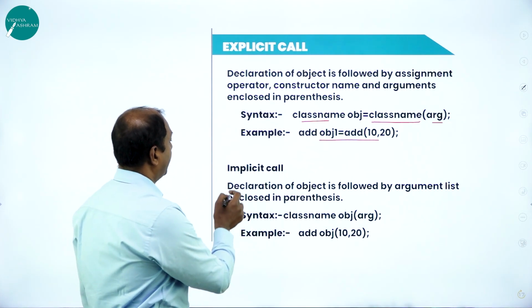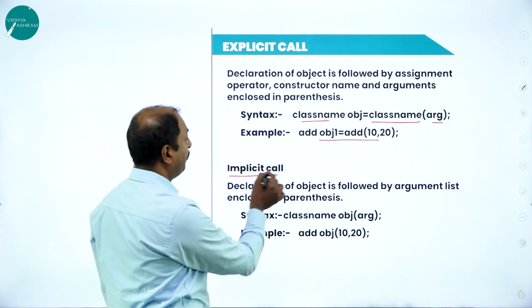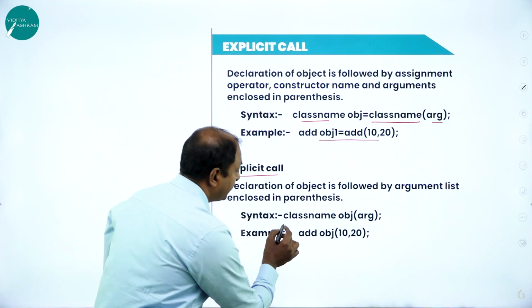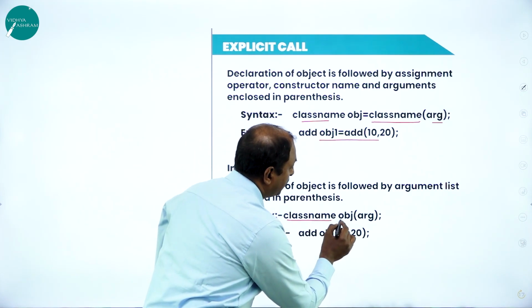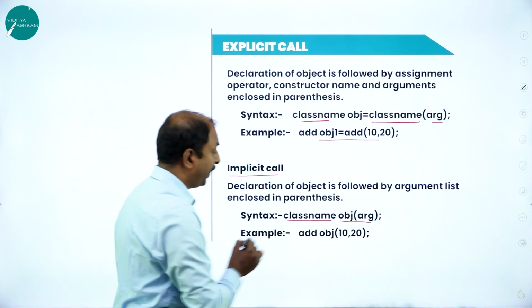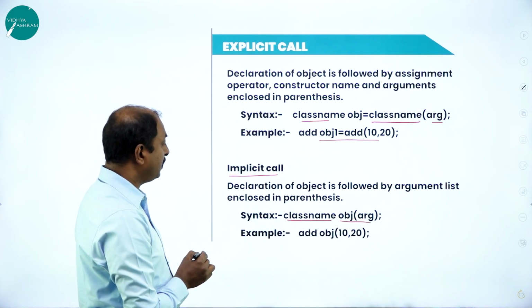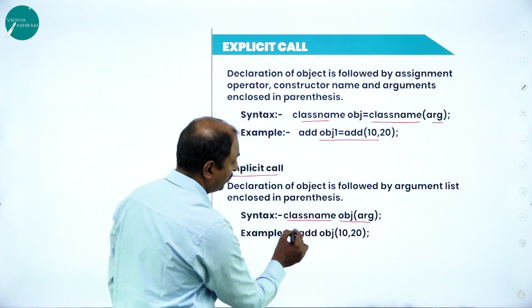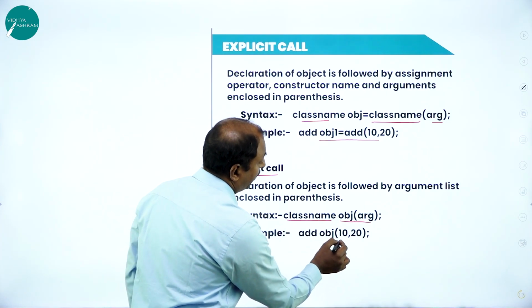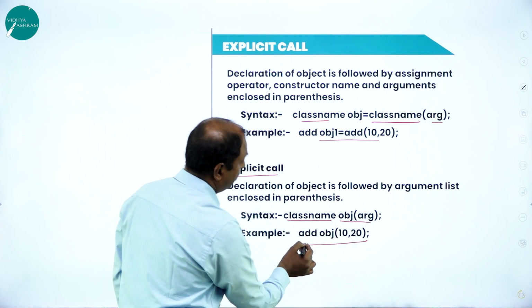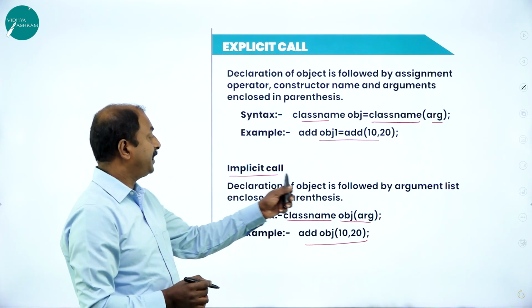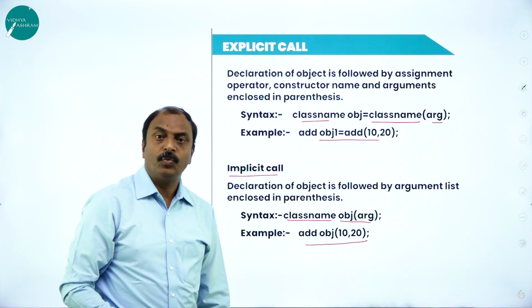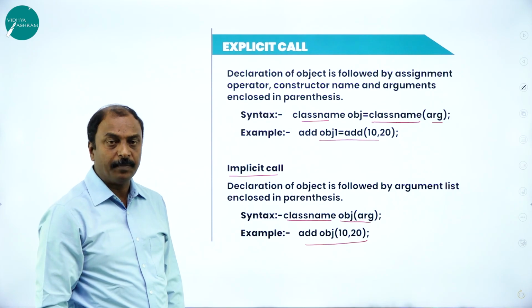The second method is the implicit call. The syntax is class name, space, obj and arguments. If you observe this, add is the name of the class, obj(10, 20). So this is an example of an implicit call, another method of invoking constructors in a program.